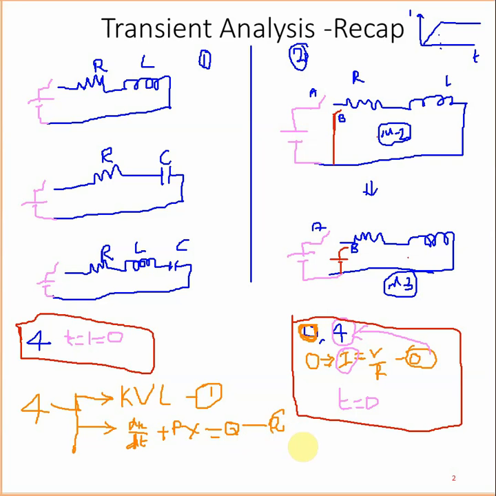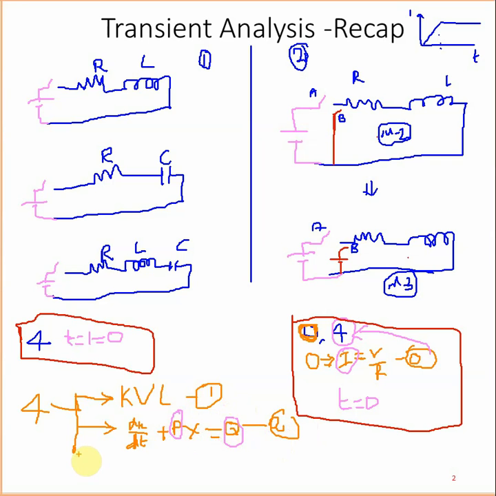You compare equation number 1 and equation number 2 to find the p value and q value: in the p place what is the value, in the q place what is the value. You find p and q in step number 2.